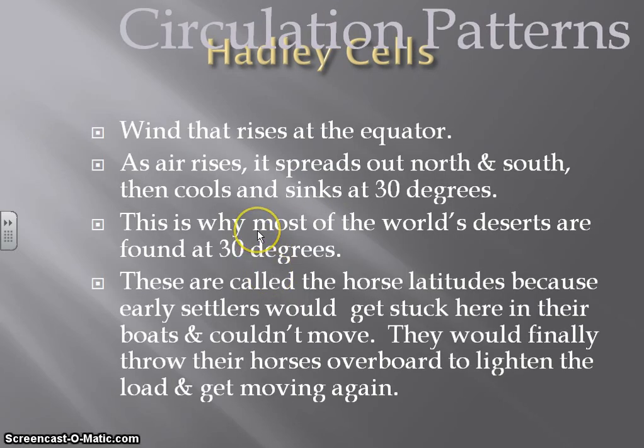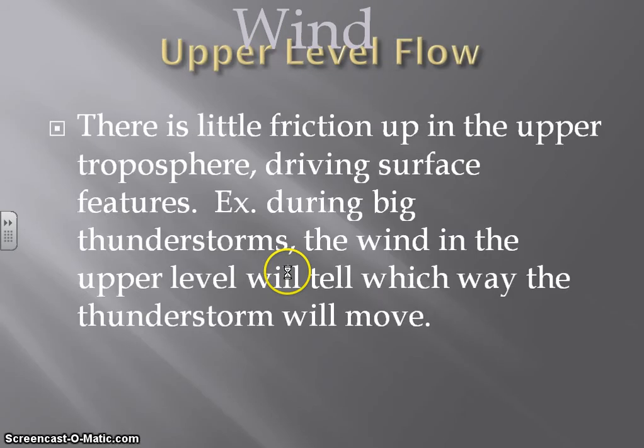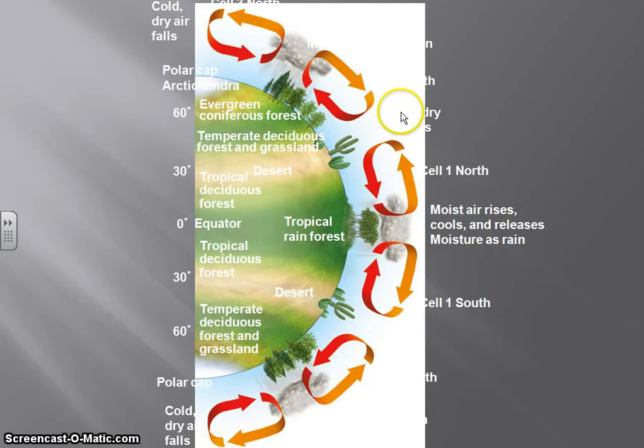Hadley cells are a type of circulation pattern. They're the ones pictured here from the last set of notes. These are what they call the Hadley cells, and they're an effect of these winds coming up at the equatorial region and then falling down here. Again, this is going to produce cold air that falls down here, right?